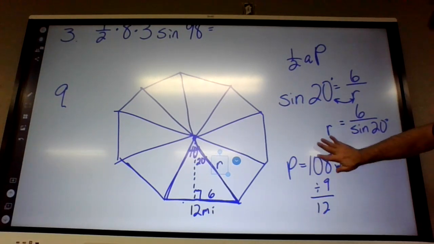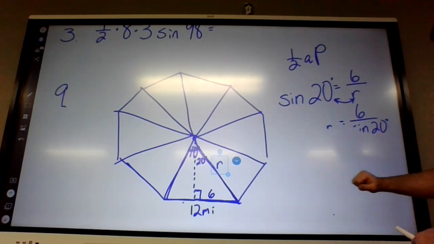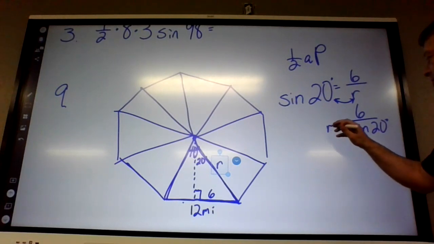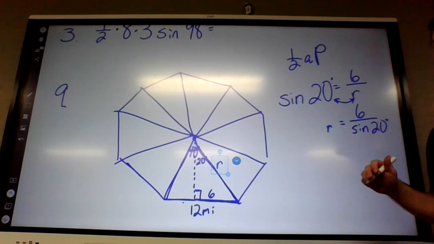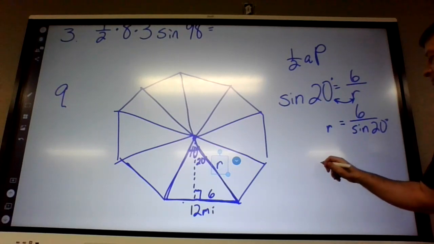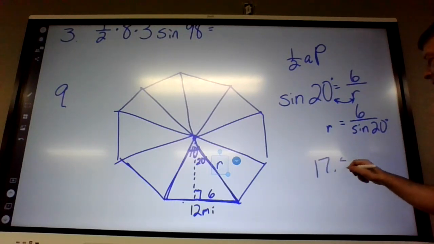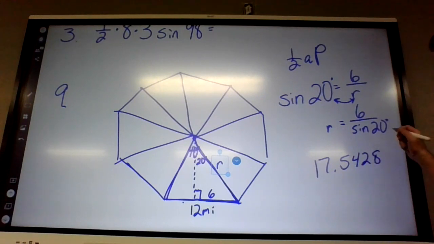Gotta go kind of far. Anybody plug it in? 17.5428. Okay. When I did this with the other class, even this wasn't accurate enough to get a perfect answer, but we're gonna settle for this.